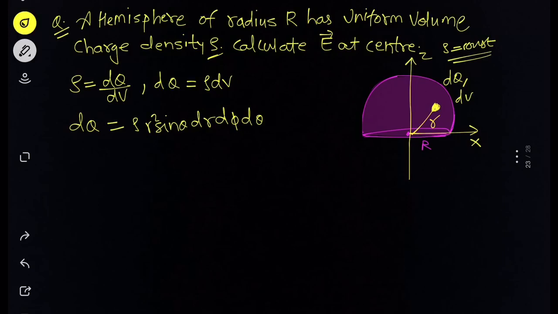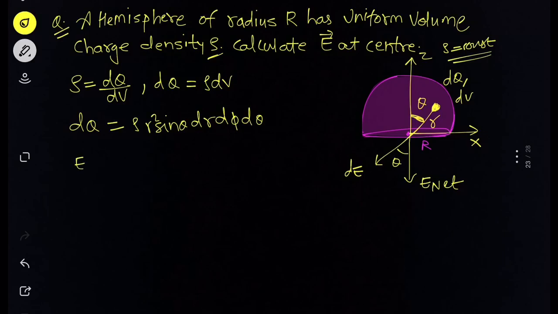So now the electric field because of this would be in this direction. So let's name it dE, and the angle which it makes with z axis, here let's consider it is theta, because we measure theta with respect to z only in case of spherical coordinate. So this angle would also be theta, and from symmetry again we can say that E net would be in this direction.